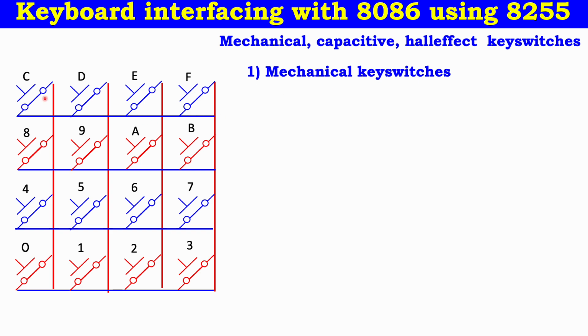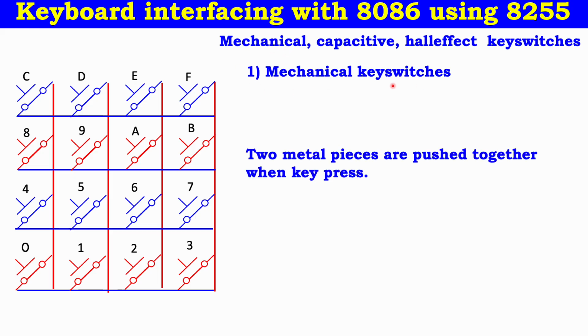Now, what are the different types of key switches? There are different key switches available. The first one is the mechanical key switch. In these mechanical key switches, two metal plates are used for the key press operation.